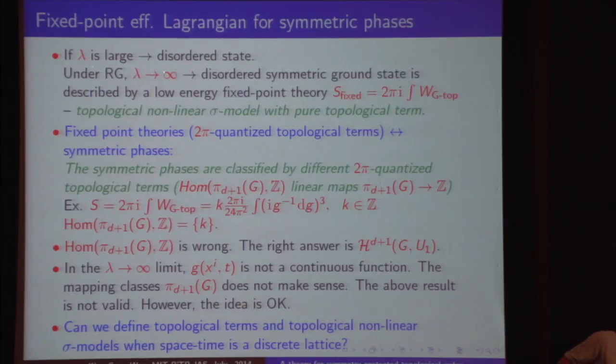I'm not so sure, because if you do that, you are doing the so-called topological cohomology theory on the group manifold. Here I'm doing group cohomology of the group, which is a topological cohomology on the classifying space of the group.